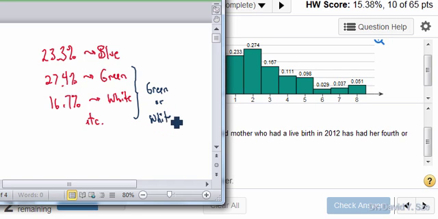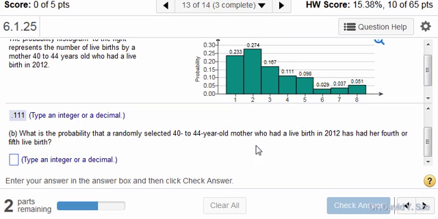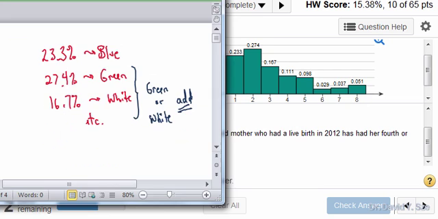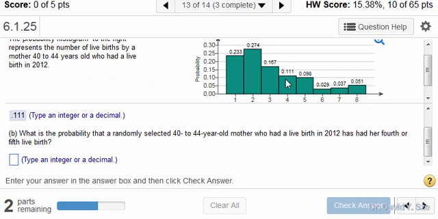Here we have two different categories. The probability of being green or white is just we add them together.